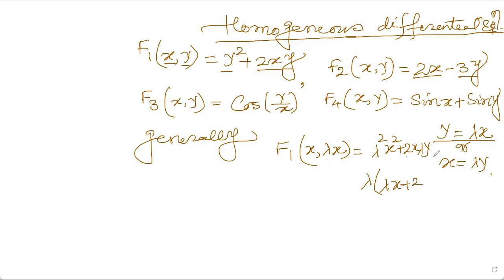In place of y, I have put lambda x. So 2x is there, and here it is lambda x, and this time you are getting x square common: x square times lambda square plus 2 lambda, like this.